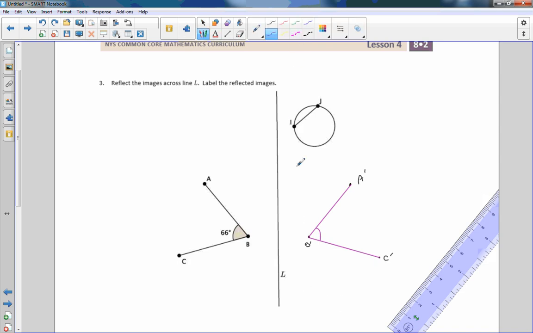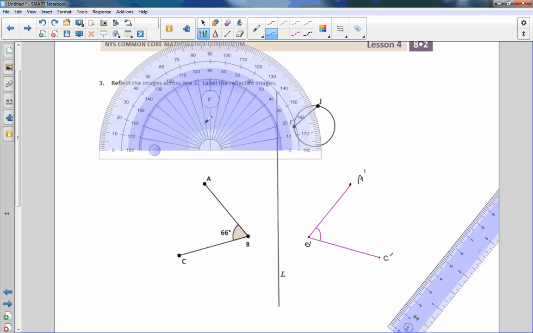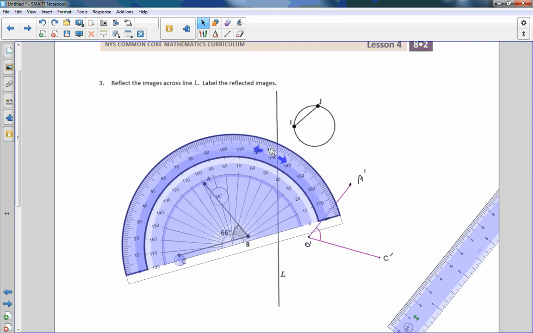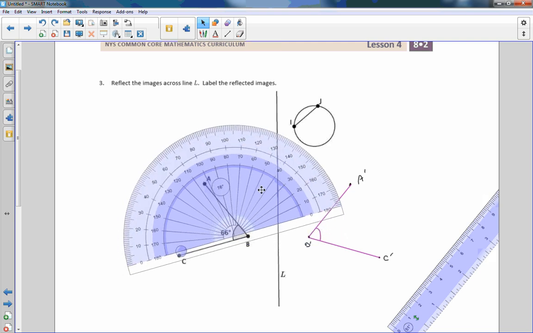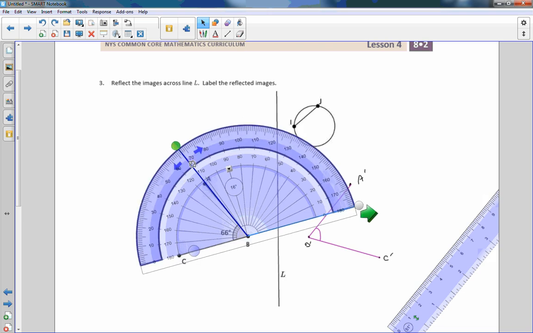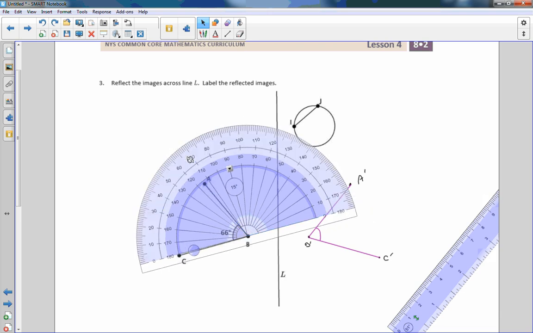Now what they want you to realize here is if I took a protractor, and I bring this down, and hopefully you know how to use a protractor from last year, and you put the protractor here right at 0, line up this side, and then grab your measure and bring it over to A, you can kind of see it in behind there, and you see that it is pretty close to, I'd say, 66 degrees.